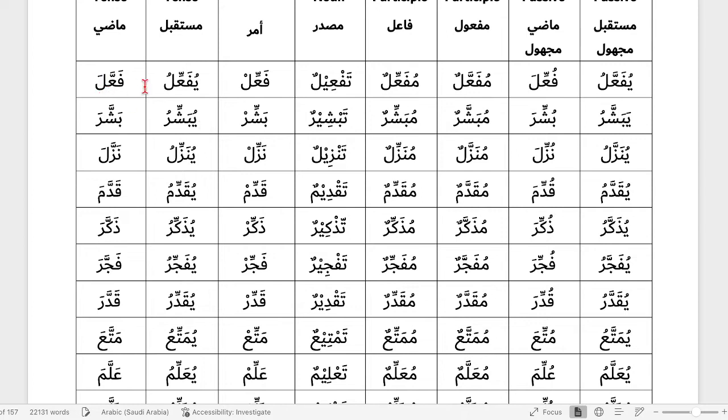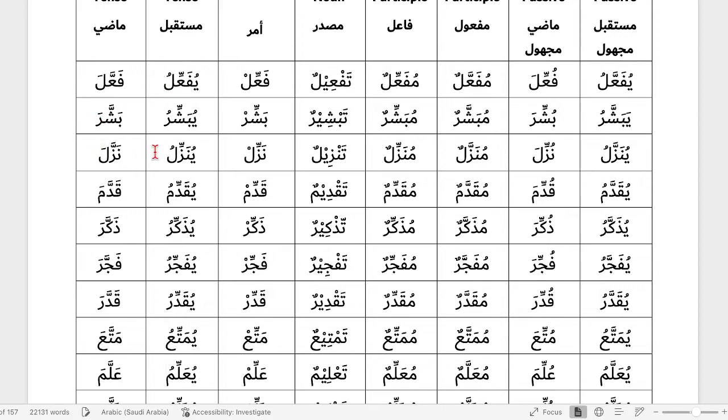So just remember this: in the three-letter regular form, we said there could be different combinations, but here from form 2 onward, it's all a standard form, just one combination, fa''ala yufa''ilu.